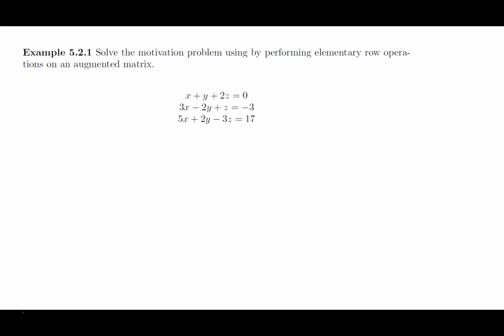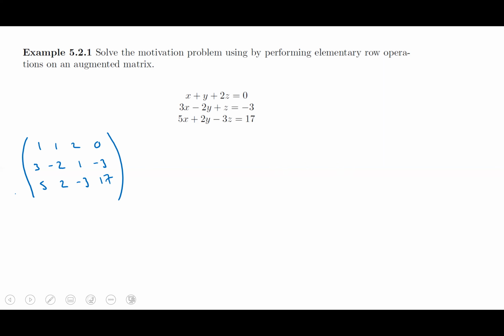So I'm going to start with 1, 1, 2, 0, 3, negative 2, 1, negative 3, 5, 2, negative 3, 17. Now, let's look down here in this third row.